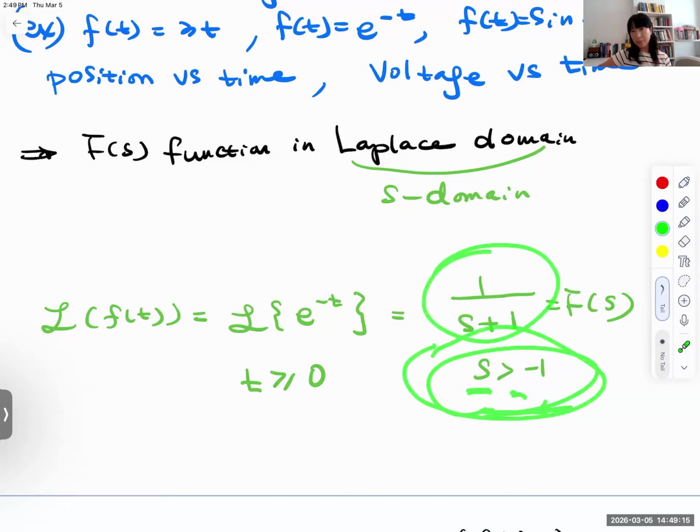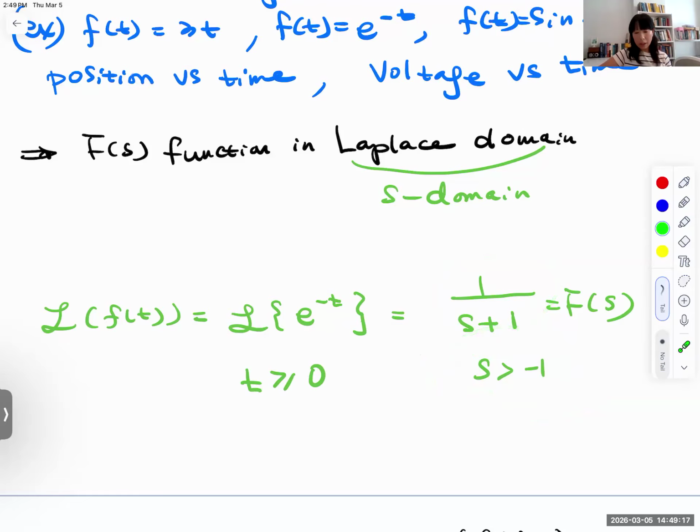Make sense to you? So little f of t is the function in the time domain, and uppercase F of s is the Laplace domain, which is the s domain. Is it clear? Okay, let's move on to an example.